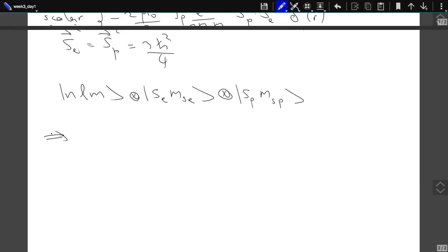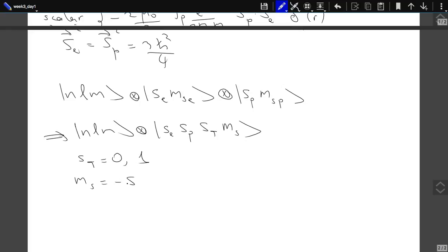So rather than these states, we should go to n, l, m, spin of the electron, spin of the proton. Well, these are both 1/2. We could have just ignored them. And S total, let's say Ms. And S total can be 0 or 1.